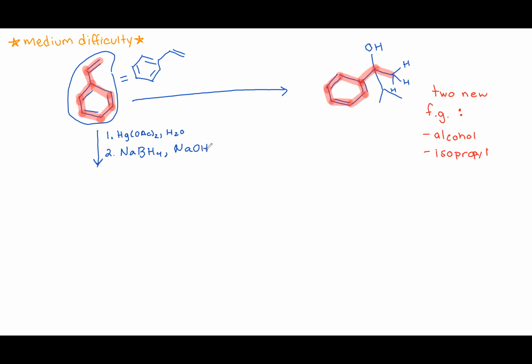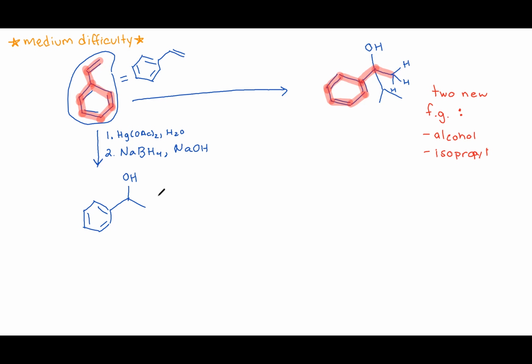Beautiful. So then we can go ahead and look at our product from this first step, where we're going to get something like this. Okay. Now this is not ideal. We have our alcohol now, but we still don't have our isopropyl.